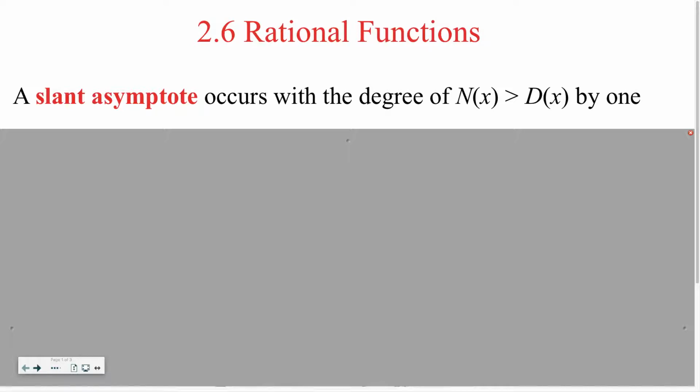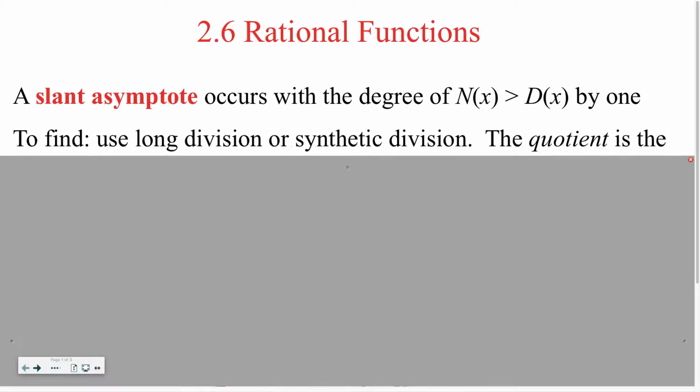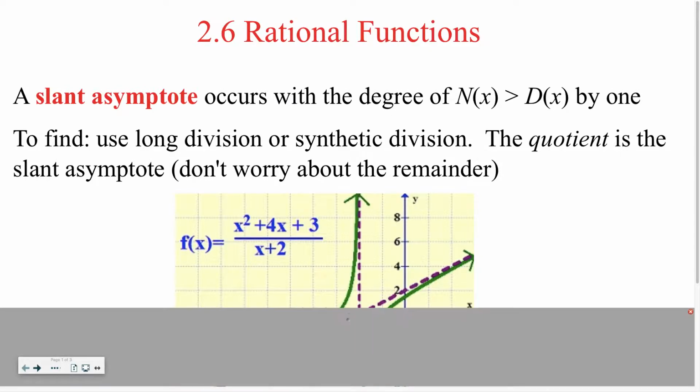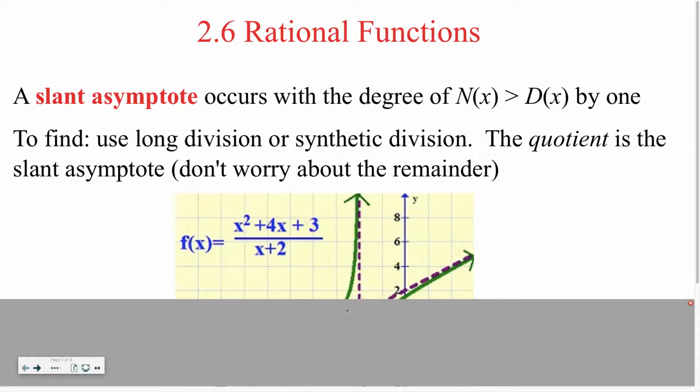To get 2 with a remainder. We have an improper fraction essentially, which means we can perform division and get a quotient with potentially a remainder. So since our numerator is larger than the denominator by 1 degree, we are going to use division to get what our slant asymptote is.